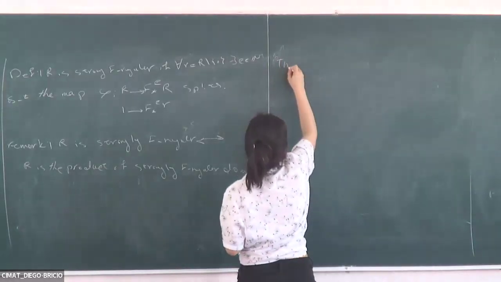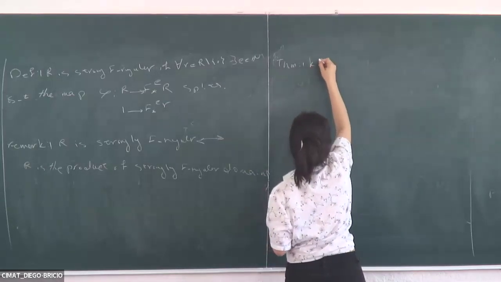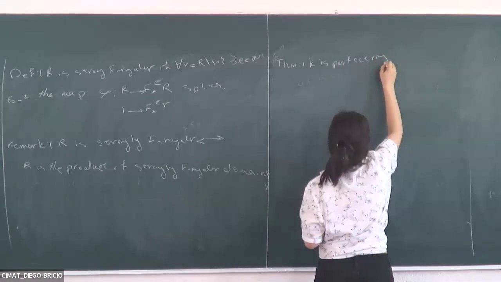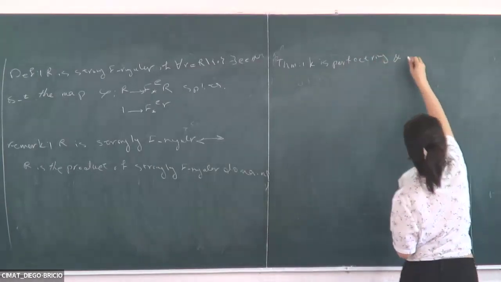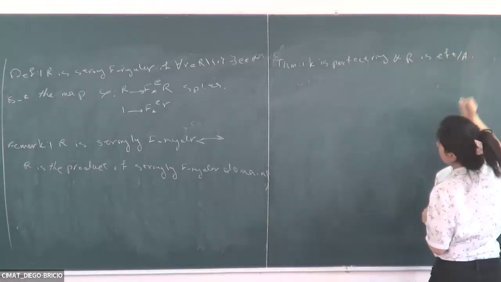And the theorem here says that R is perfect and R is essentially of finite type over a field.